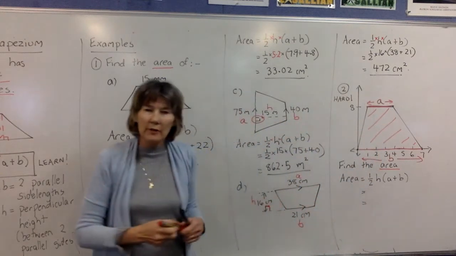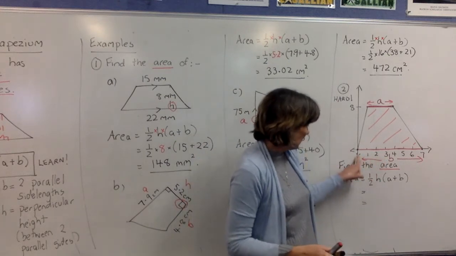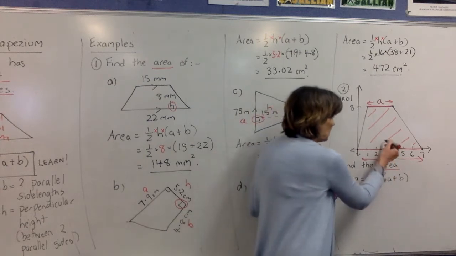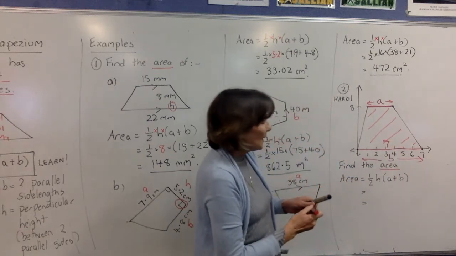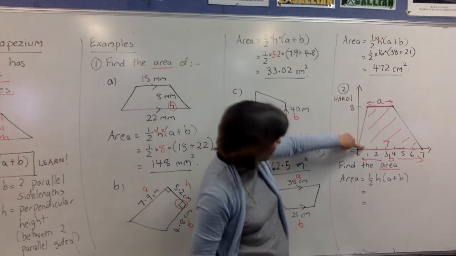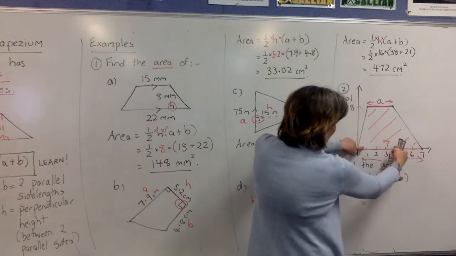Now, it doesn't have numbers there, but you can work this out yourself, I'm sure. This one down the bottom goes from the 0 to 7. So that's 7. So that will be 7. And this one up here, well, if you just go all the way down here, that lines up with 1. If I go all the way down here, that lines up with 4.